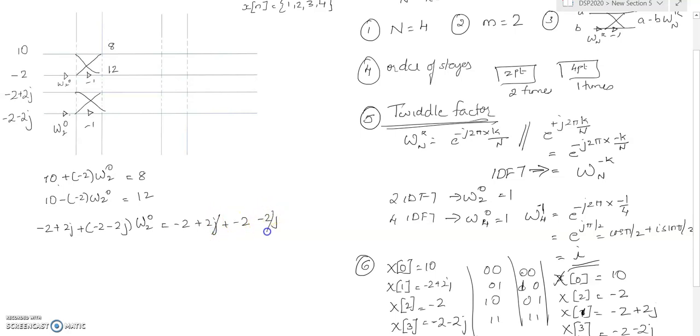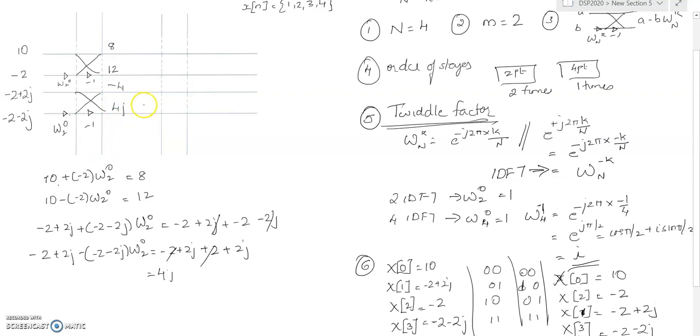So this will get cancelled, and we'll have minus 4 out here, and then we have at the bottom minus 2 plus 2j minus of minus 2 minus 2j W20, again it is 1, so minus 2 plus 2j plus 2 plus 2j, making it 4j. So we have 4j at this point.